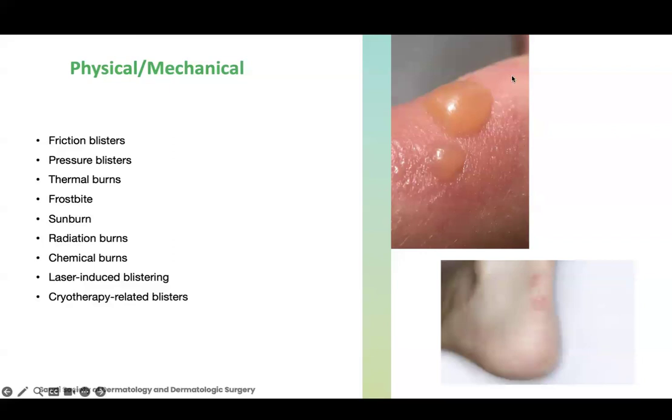Like you can see in this picture, the patient has sunburn and blistering on top. And also chemical burns, and cryotherapy-related blisters. The cryotherapy that we usually use to treat warts and other dermatologic conditions, like actinic keratosis, we usually discuss with the patient that blistering can occur with this management option.